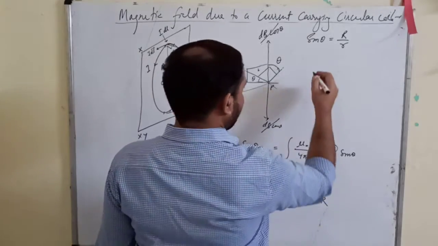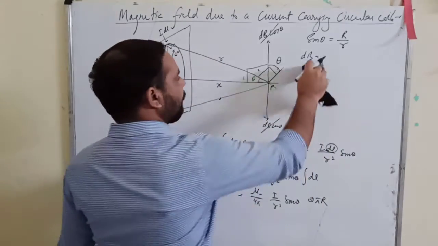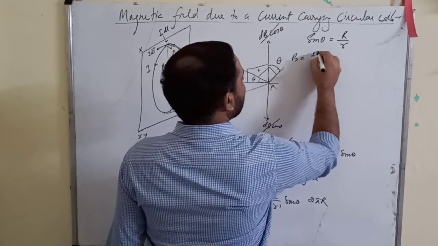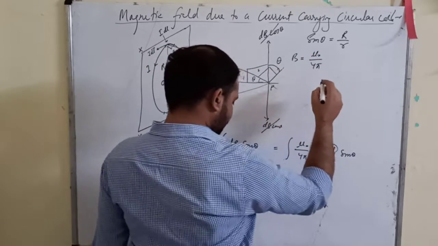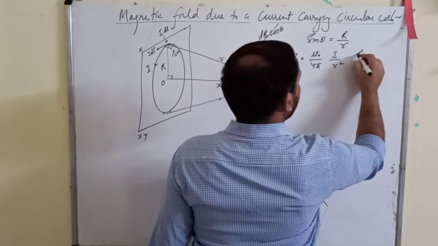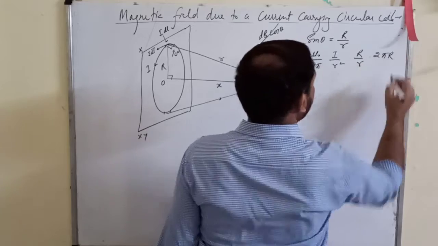So therefore the value of dB, sorry, B, is now mu naught upon 4 pi I upon r square, r upon r, into 2 pi r.